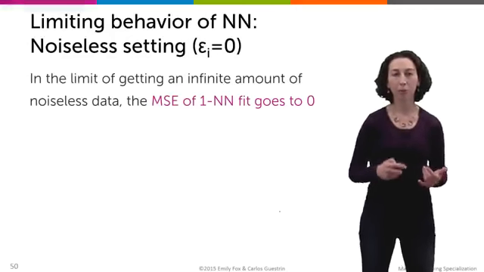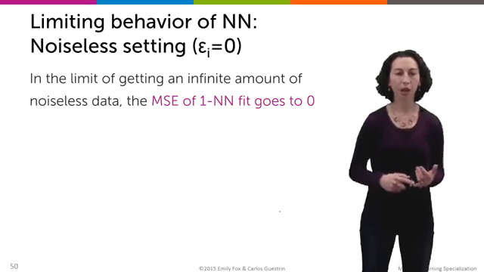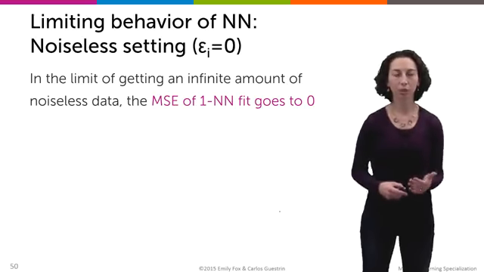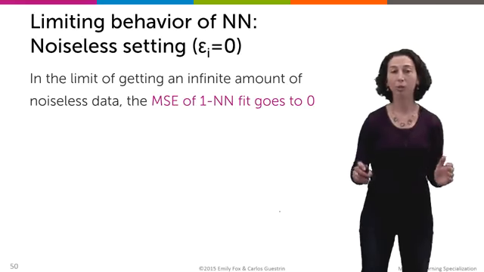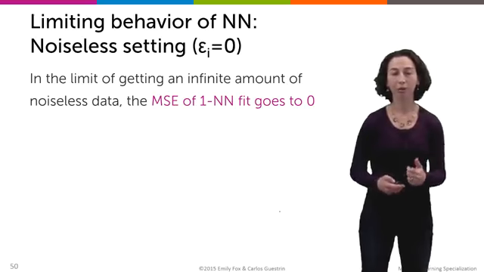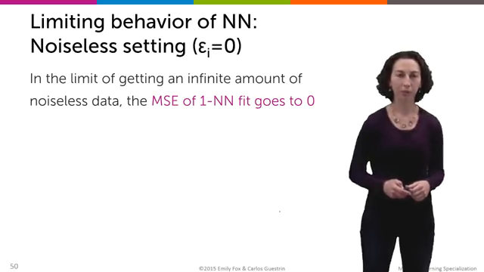So now let's talk about the limiting behavior of nearest neighbor regression as you get more and more data. To start with, let's just assume that we get completely noiseless data, so every observation we get lies exactly on the true function. Well, in this case, the mean squared error of one nearest neighbor regression goes to 0 as you get more and more data.